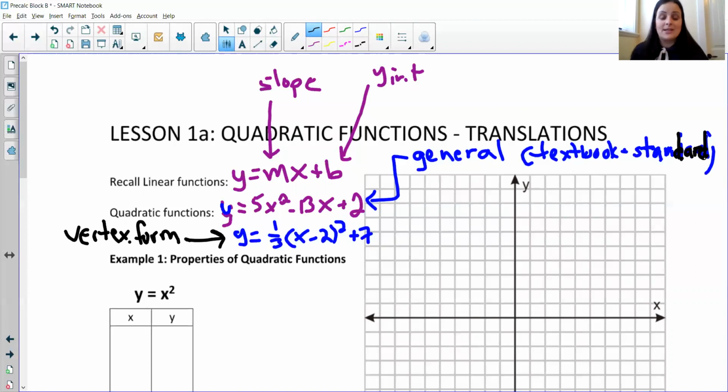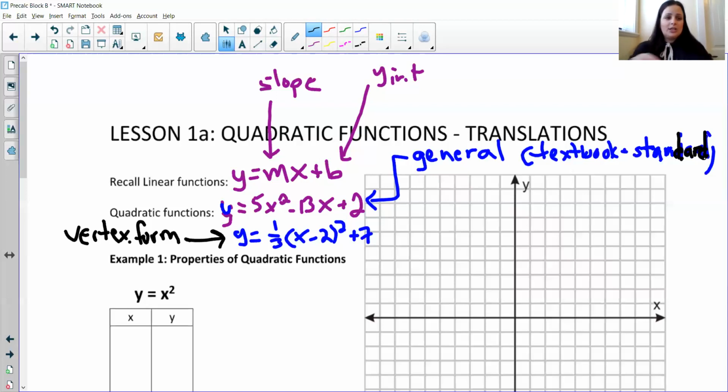General is general form and vertex form is vertex form. There's no switching those two around. So that's why I'm going to stick with using those words, but just be aware that the textbook calls general form standard form, but then you might have other people, teachers, professors, calling vertex form standard form.